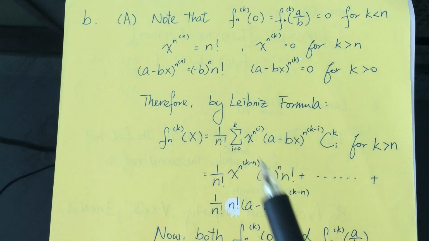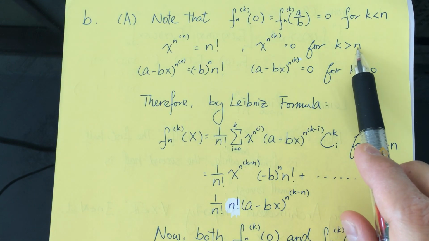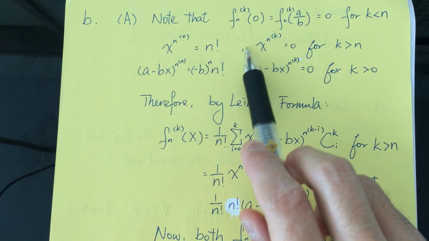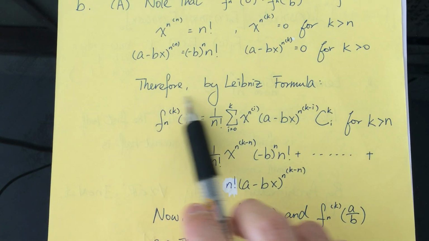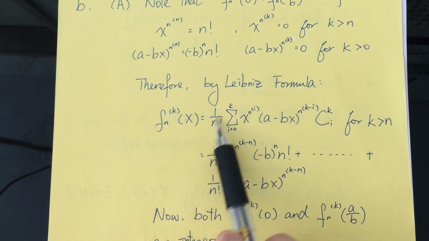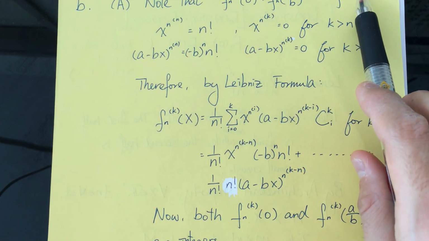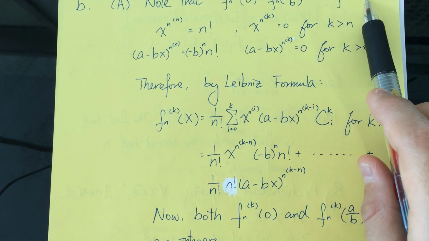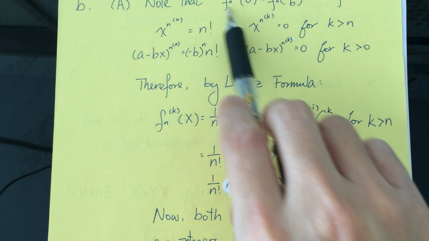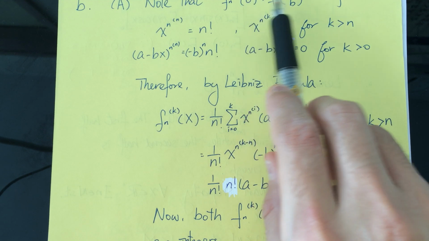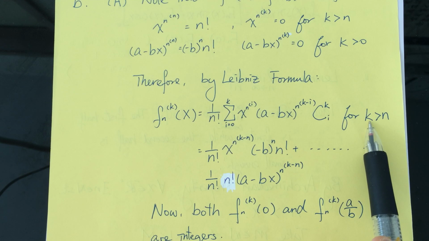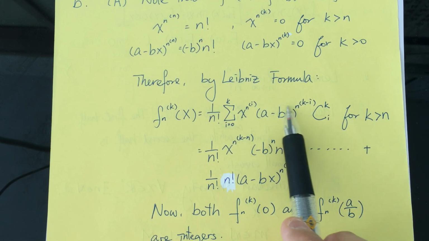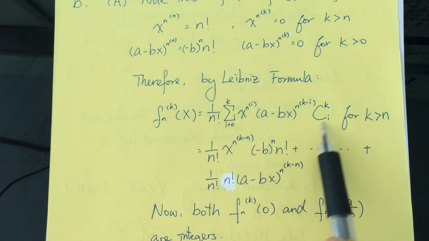So these two are also 0 if k is greater than n, because we differentiate a constant, it is 0. Alright, so this part is by the Leibniz formula. We differentiate this one. We already checked that if k is less than n, the derivatives at x equals 0 and a over b are all 0. Therefore, we only need to check for k greater than n, where by the Leibniz formula we have these.